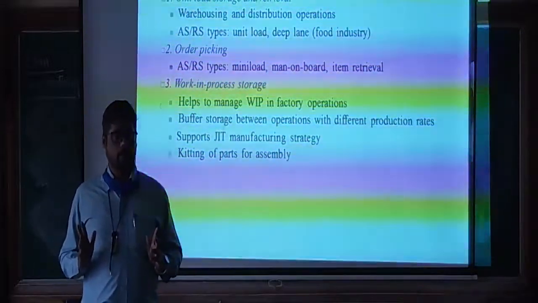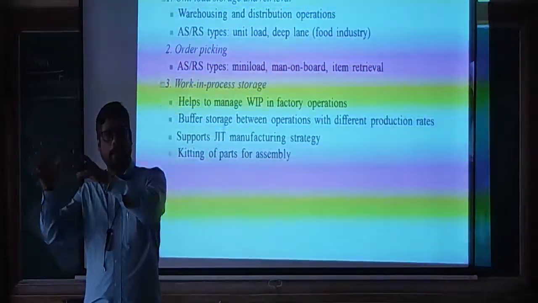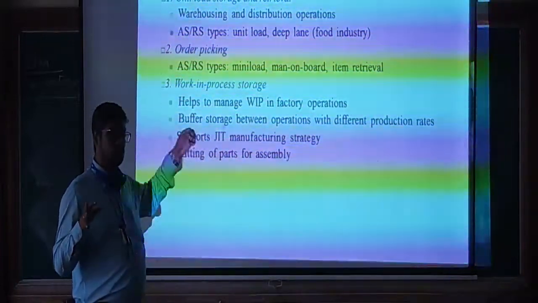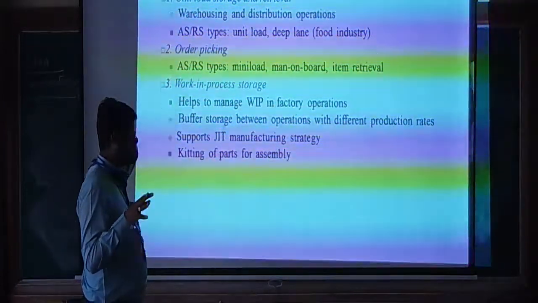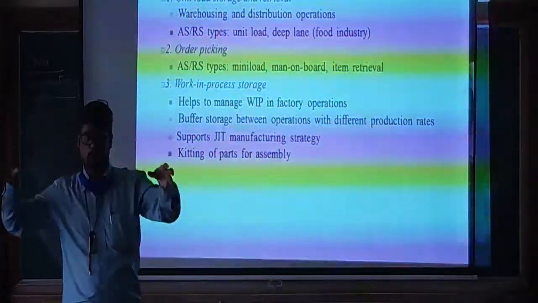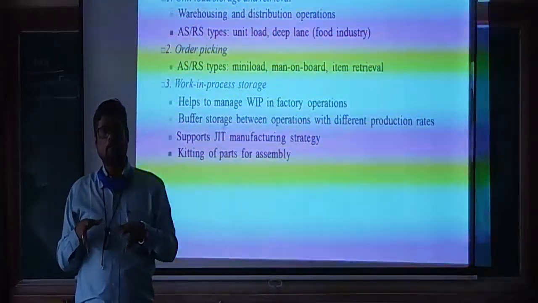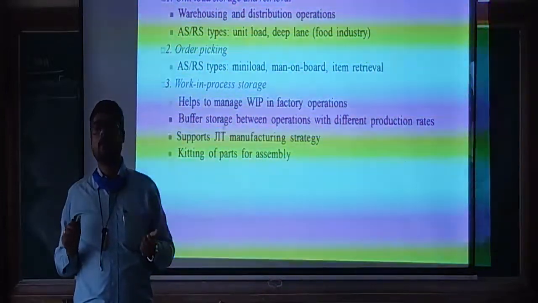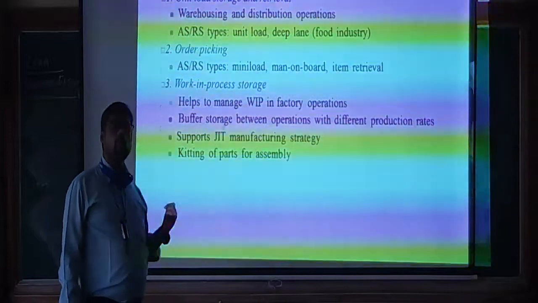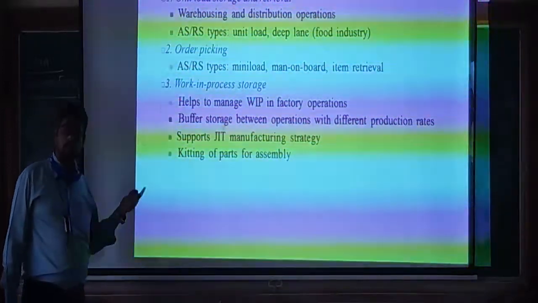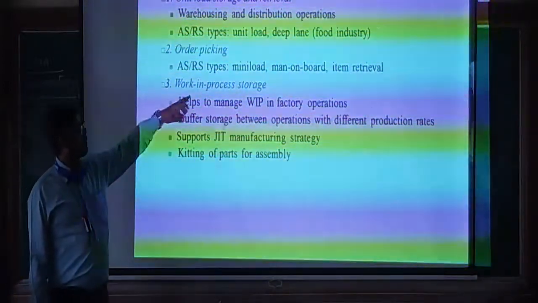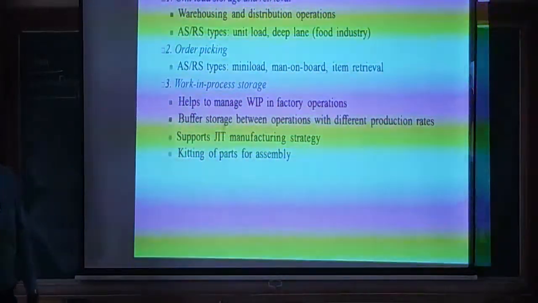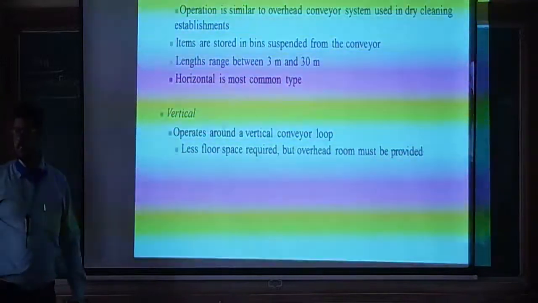Kitting means that for a particular assembly, you bring as many parts as are required with the help of kitting. So you bring all those parts to that station, and you assemble them one by one. That is called kitting of parts for the assembly. So that is in the work in process storage. This is work in process storage, the third application.